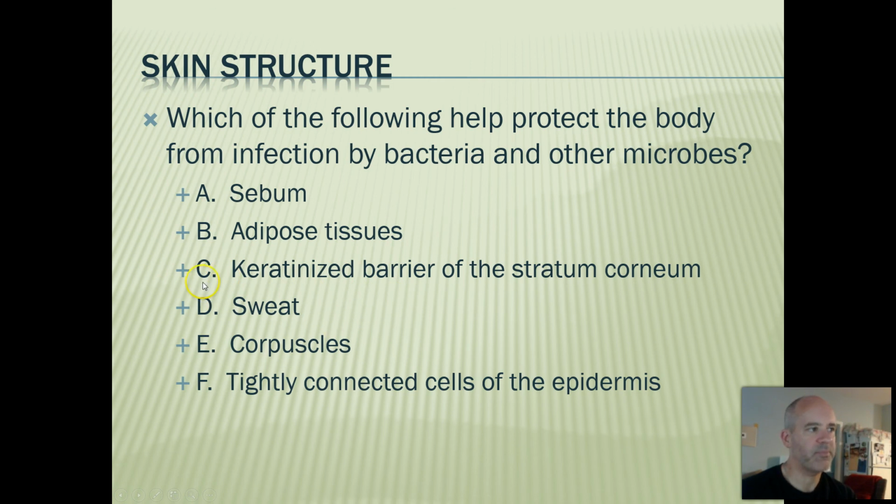Sweat. Sweat does have some substances in it that help protect you from infection by microorganisms. You will learn more about those when you get to Biology 202 and in your microbiology class. How about the corpuscles, like Pacinian corpuscles and Meissner's? No, those are sensory nervous tissues.